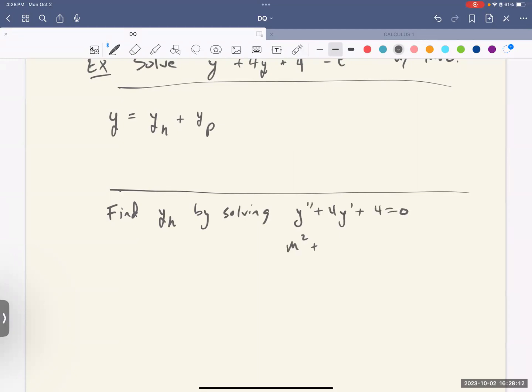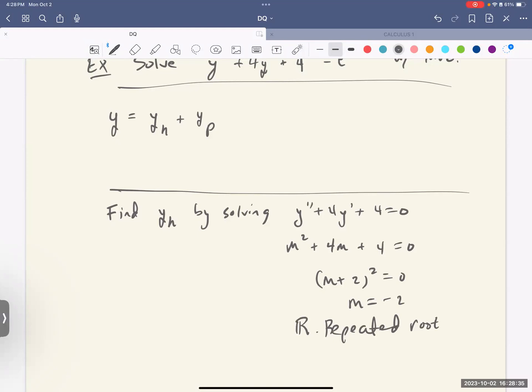That's going to give us a characteristic polynomial of m squared plus 4m plus 4. That's an m plus 2 squared. And so we get m equals -2, a repeated root, and it's real.